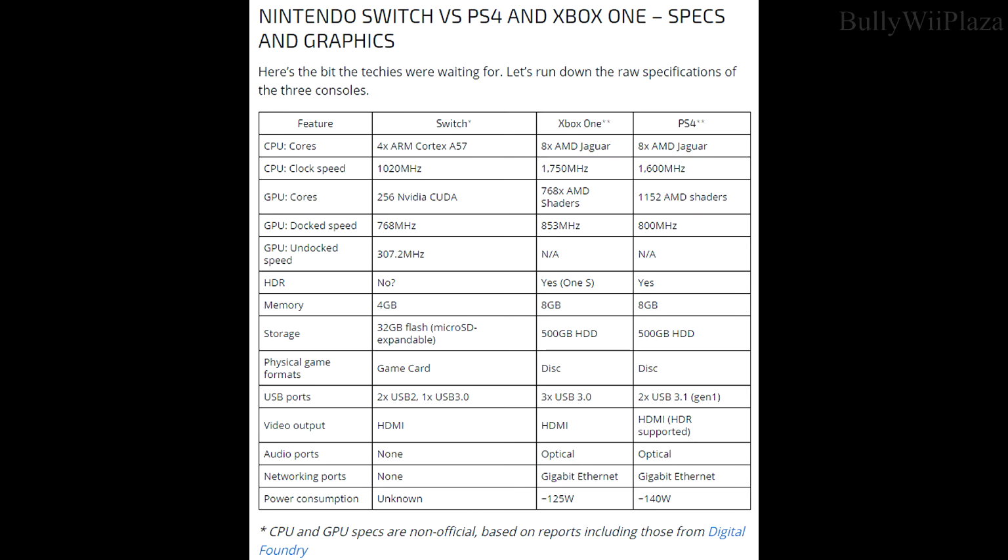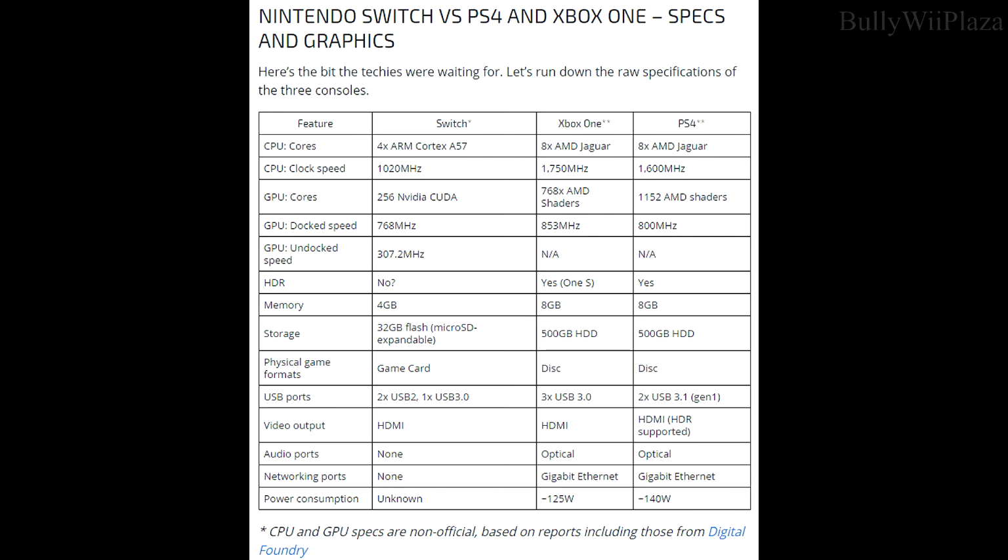The clock speed is at 1020 MHz for the Switch and at 1750 MHz for the Xbox One. In terms of GPU speed, we also see that the Switch is behind with 768 MHz compared to the Xbox One's 853 MHz. In undocked aka portable mode, it even drops down to 307.2 MHz.